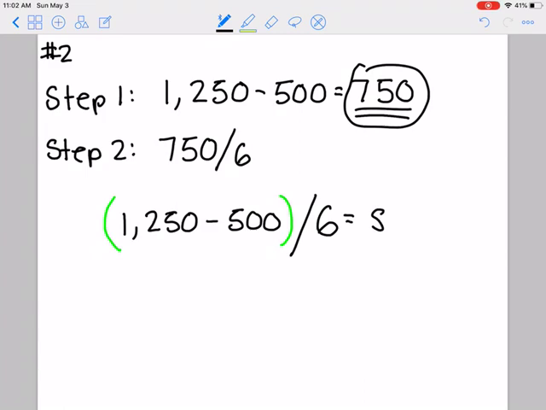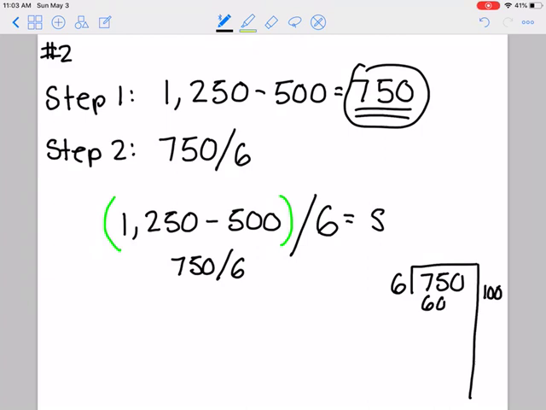So now we have to figure out 750 divided by 6. And we're going to use partial quotient. So I'm going to do 6 times 100, which would give me 600. And I'm left with 150.